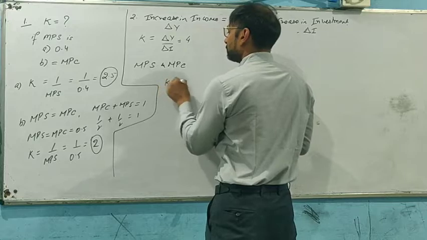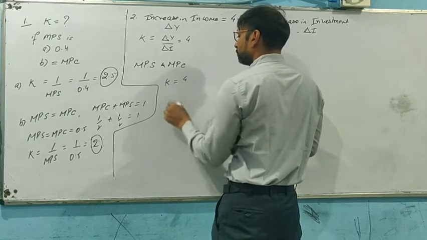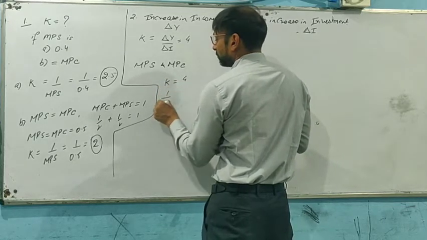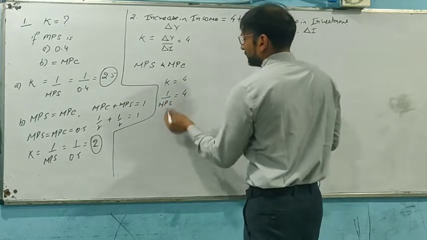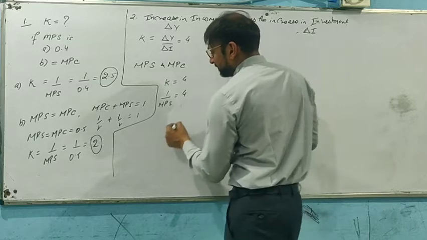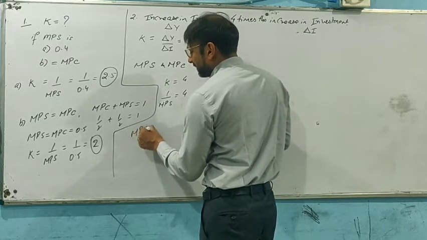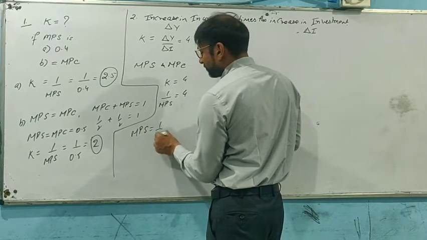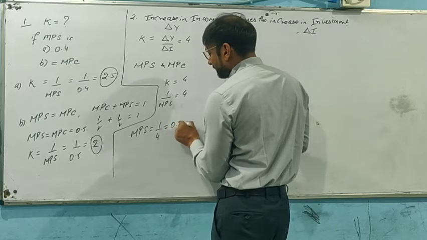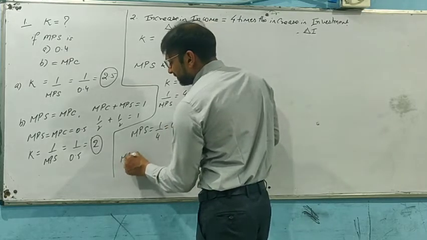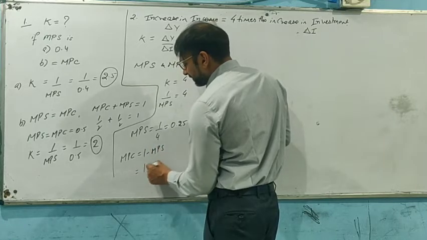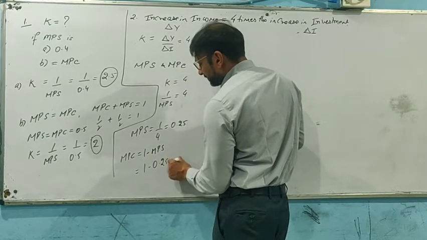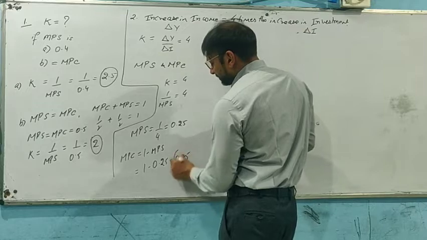So we also know that K equals to 4 and it is also 1 upon MPS equals to 4. So if we change the places, we can find out MPS equals to 1 upon 4, that is 0.25, whereas MPC equals to 1 minus MPS, that is 1 minus 0.25, that is 0.75.